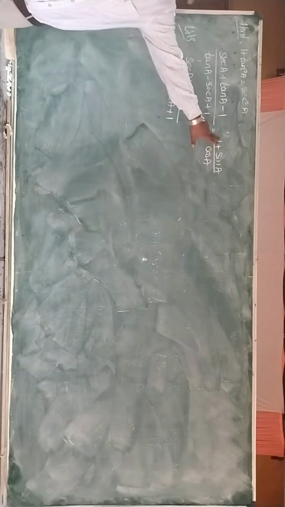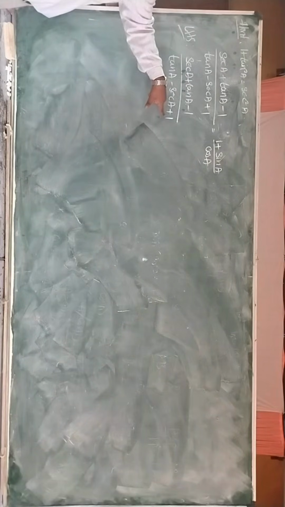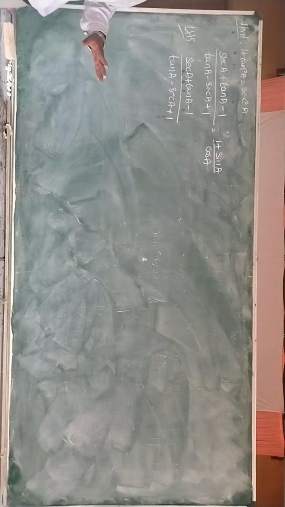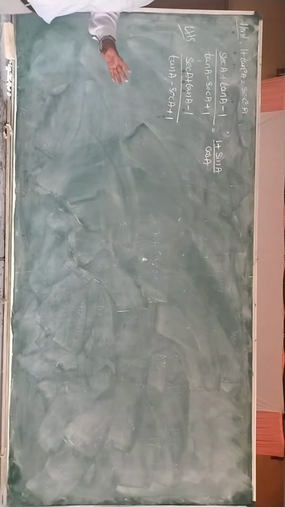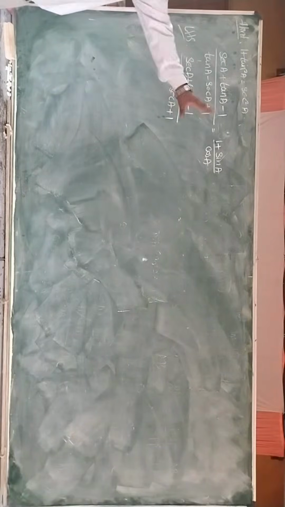But why? See here 1 plus sin A is there, and here sec A plus tan A. If it is sec A minus tan A, then again you need to take this one as sec square A minus tan square A. Depend upon the sign, depend upon RHS. Your whole LHS and whatever the following method is there, that depends upon RHS.